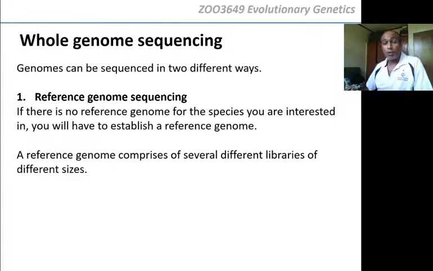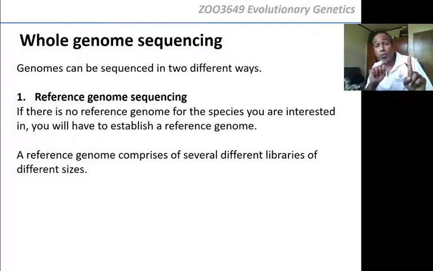Why? Because you need to make several different libraries, each having pieces of DNA of different sizes, small pieces, medium pieces, and very big pieces, okay?